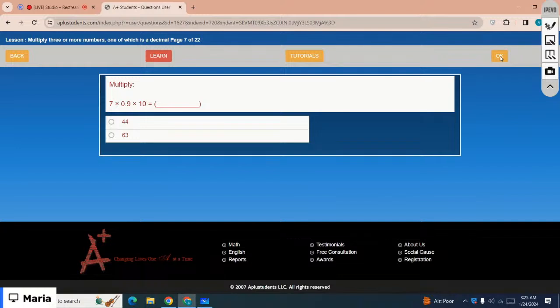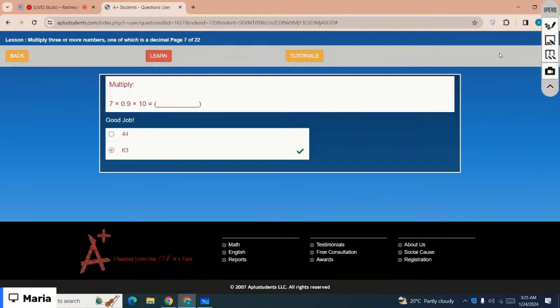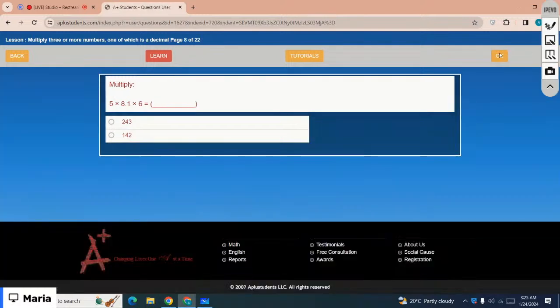The correct option is that is 63, right? The option number 2 is the correct option. 63 is the correct option, sorry, not 6.3.